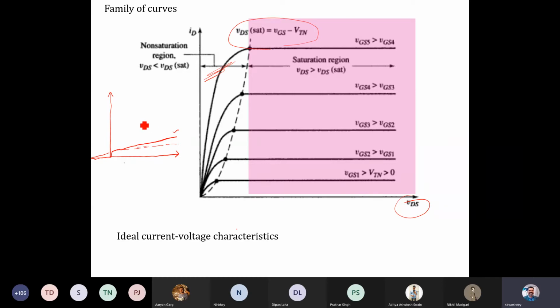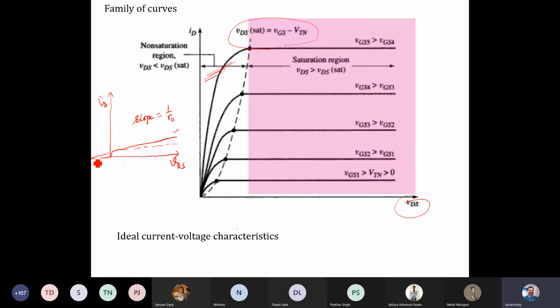The slope here is nothing but 1 over R naught, so R naught will be 1 over the slope, because we are finding ID versus VDS, right? When the MOSFET is biased in the saturation region, we know the drain current is ideally independent of VDS, but the output has this finite slope.